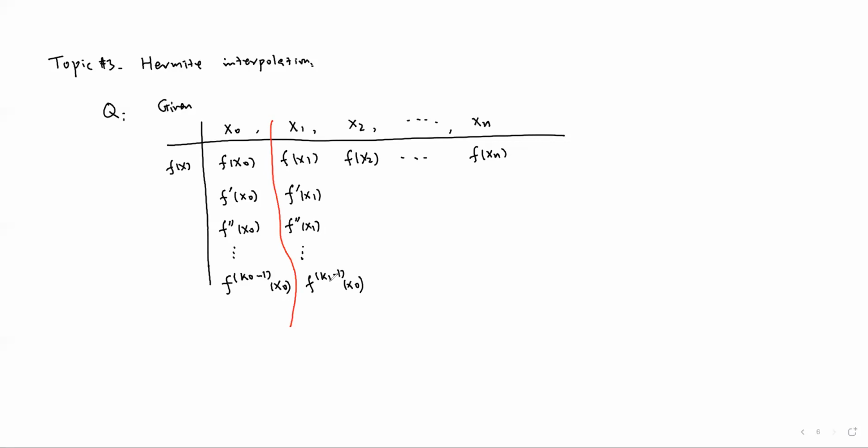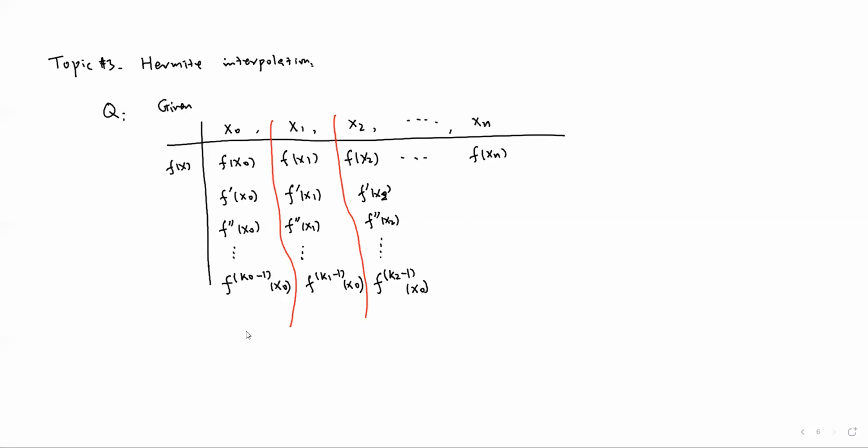K0, K1, they are integers. They can be different. Similarly, at x2, we are given function value, derivative, second derivative, and until derivative of order K2 minus 1. K2 may be different from K0, K1.